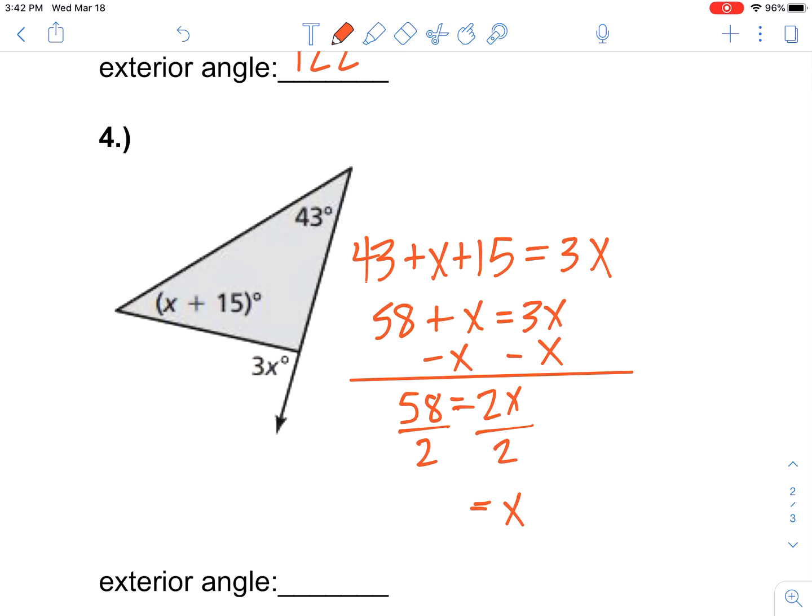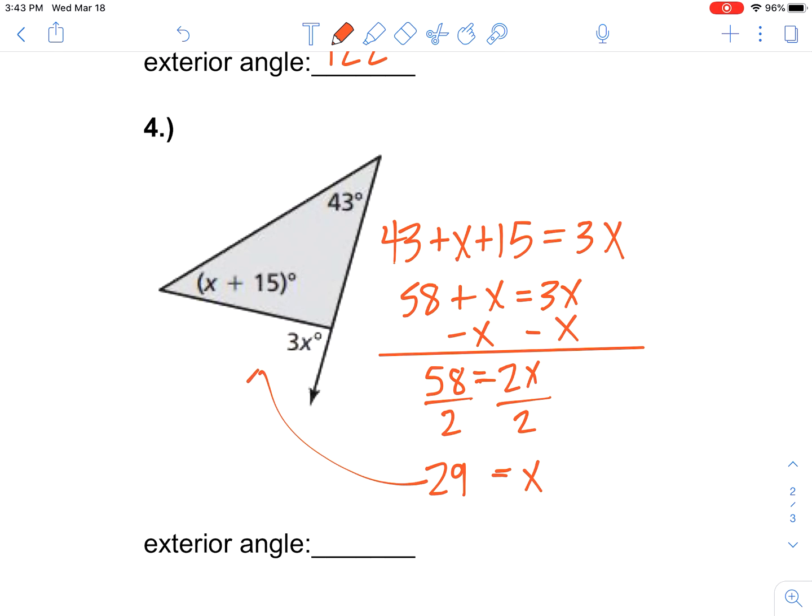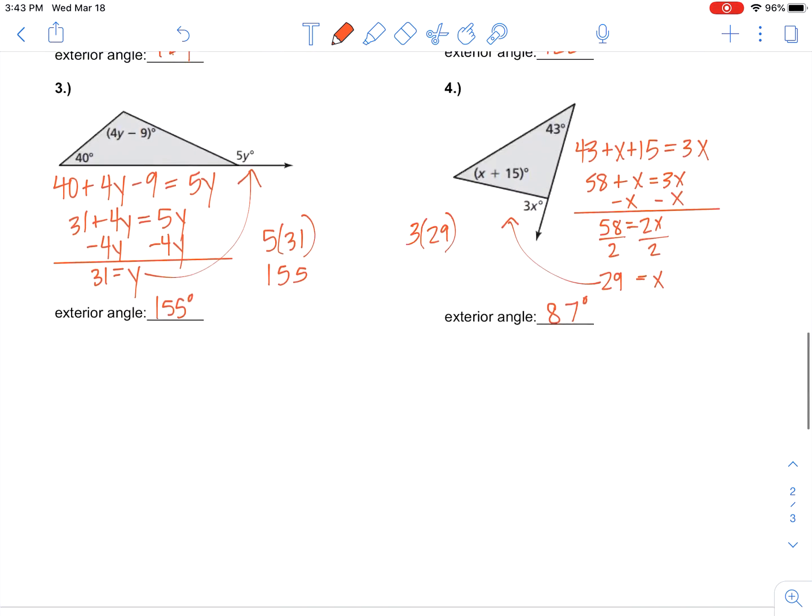Divide by 2 on both sides, and my x is equal to 29. I'm going to take that 29, plug it back into my angle, 3 times 29. So 9 times 3 is 27, carry a 2, and 3 times 2 is 6 plus 2 is 8, so 87 degrees for that exterior angle measure.